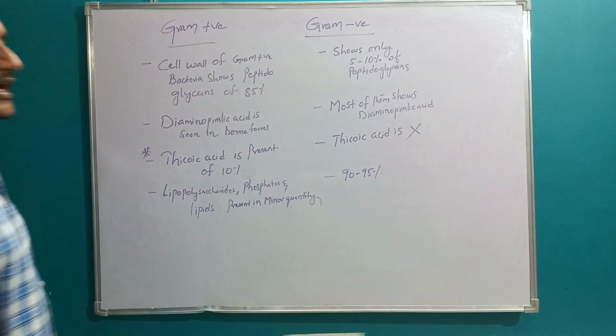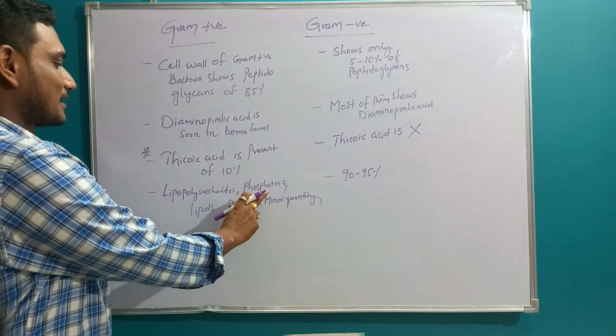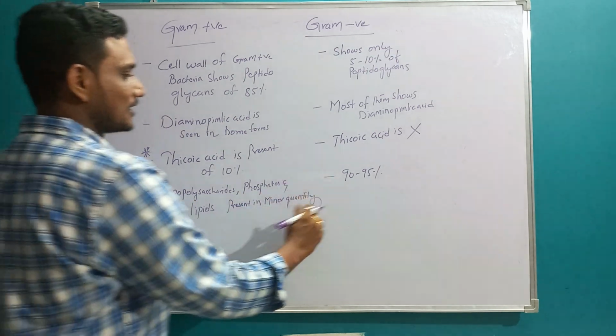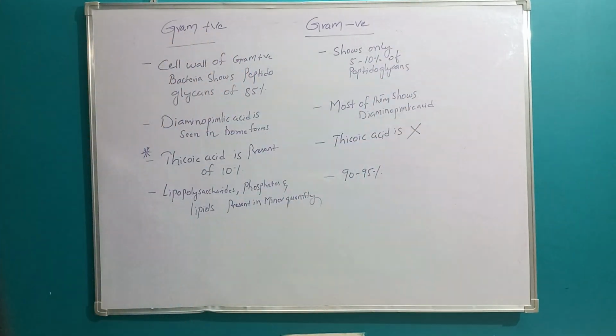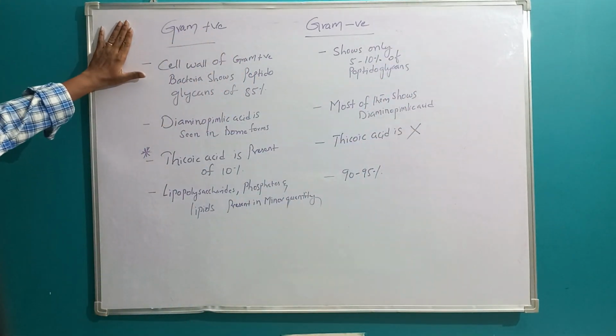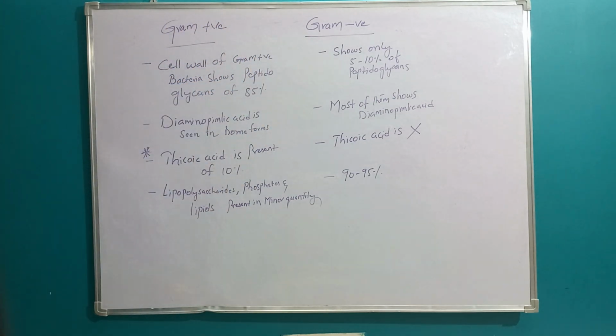Near about 90 to 95% lipopolysaccharides, phosphates and lipids are present in gram negative bacteria. So these are the major differences between gram positive and gram negative bacteria.